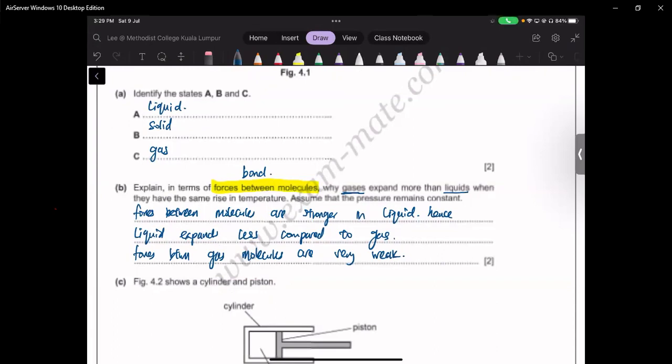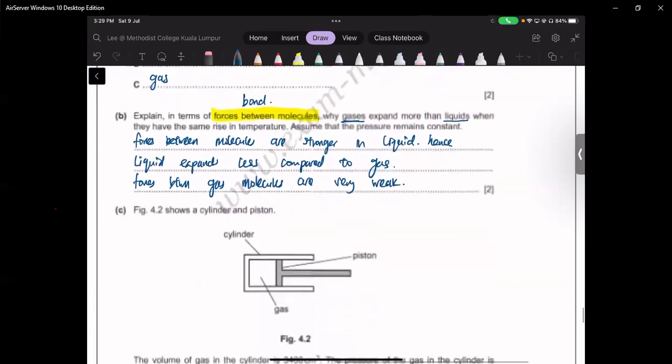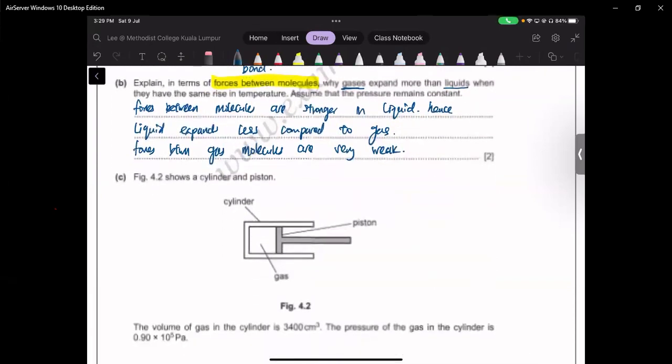That will be an additional point. Teacher, I'd rather say that forces between gas molecules are weaker than forces between liquid molecules. No problem. As long as you compare them, this is not SPM. So they're pretty chill. As long as you compare them appropriately, can already.